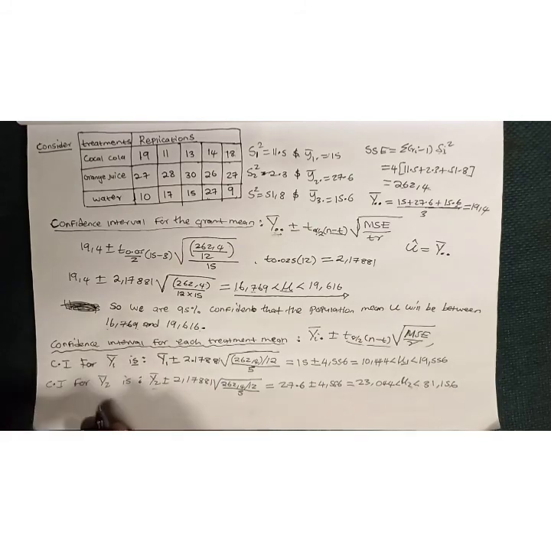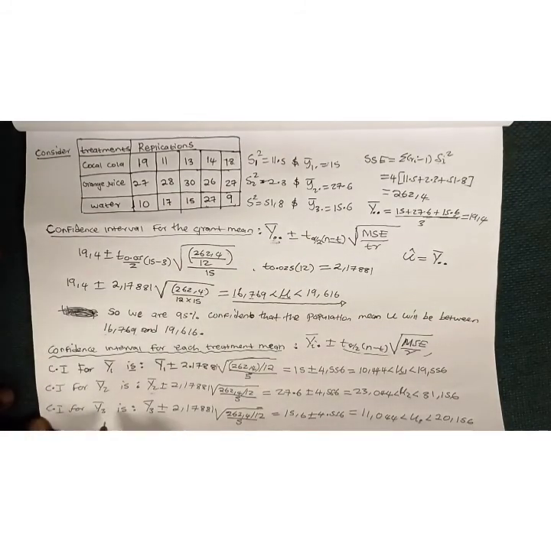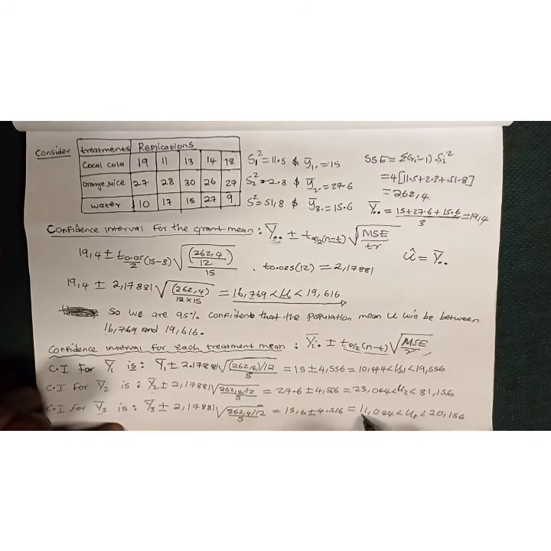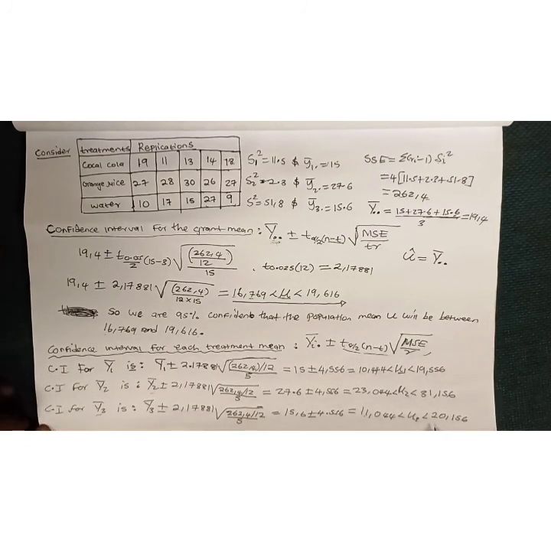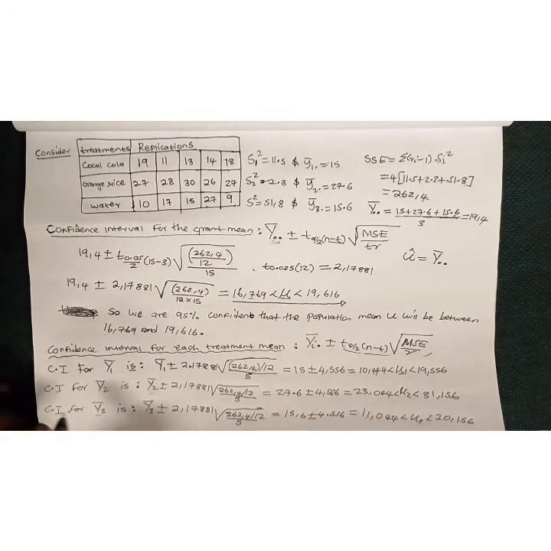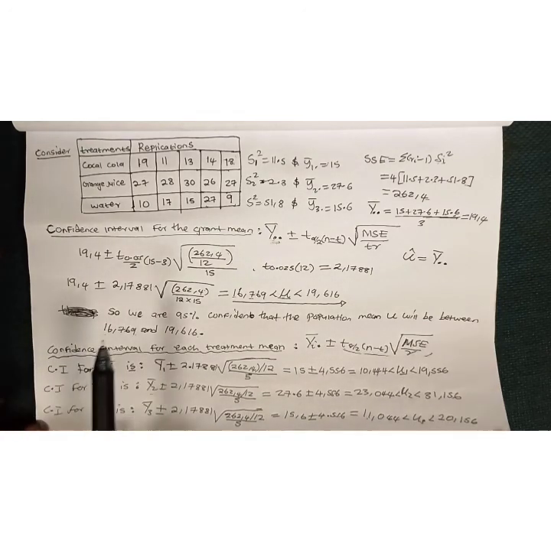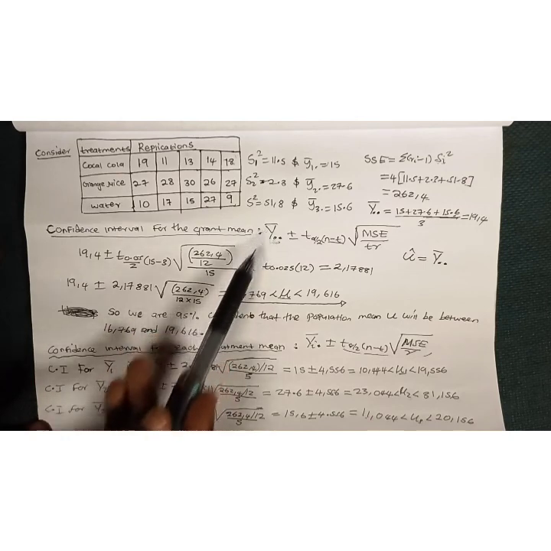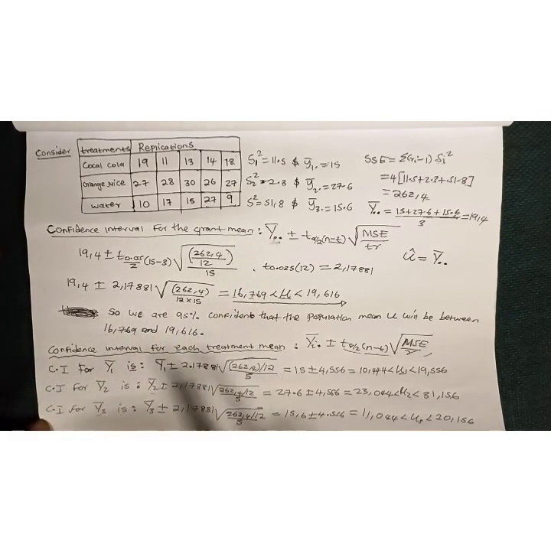Let's do mean 3 now. Lastly, the confidence interval for mean 3 is between 11.044 and 20.156. So we are done with the confidence interval for the grand mean and also for each treatment mean. Now we can move forward.